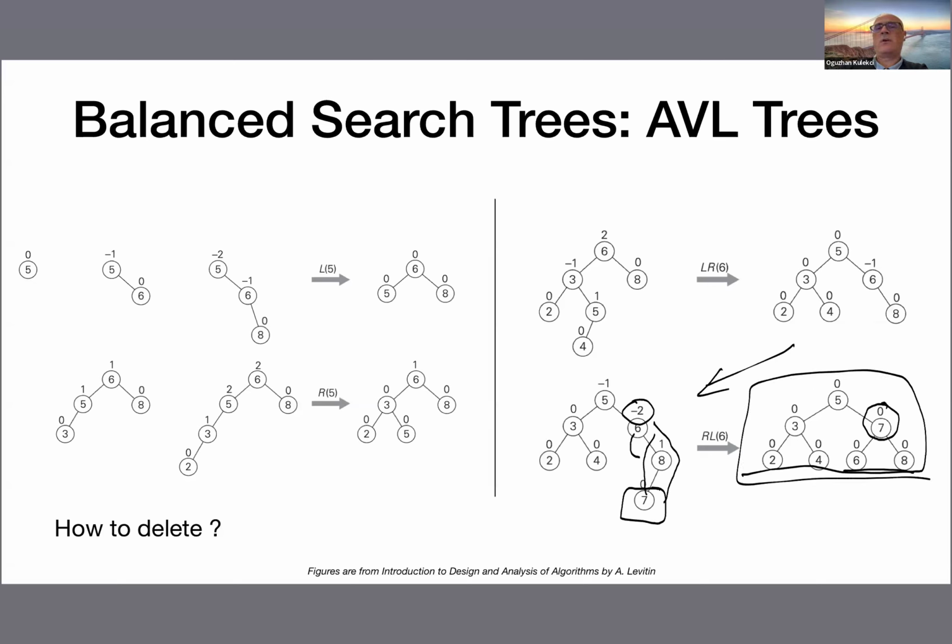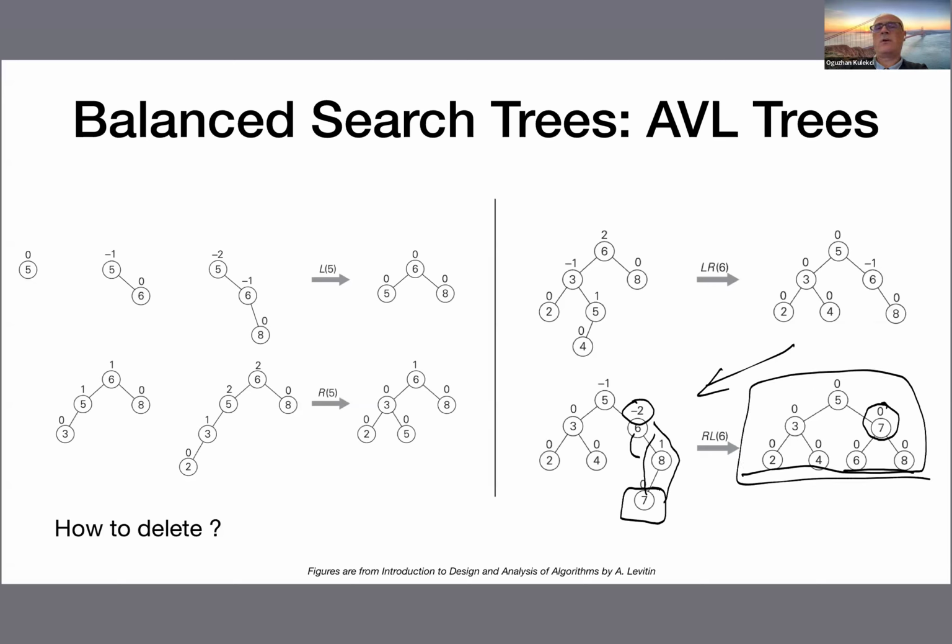I will perform the deletion as I do with the binary search tree. You remember the binary search tree when you would like to delete a node? If this is a leaf node, then you can just remove it. If this is a node with only one child, it is easy. You can just remove this node and promote its right or left child to its position.